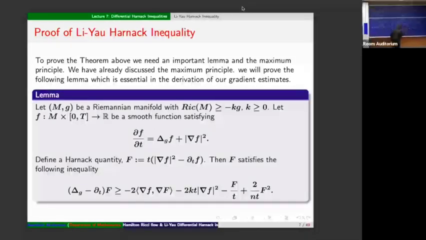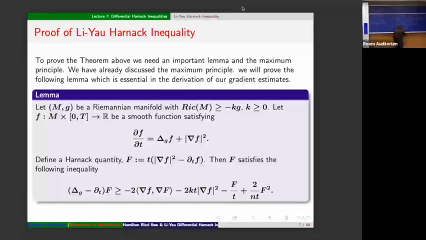Okay, let's write it so that we'll see it. We are substituting this here. That is 2t over n.